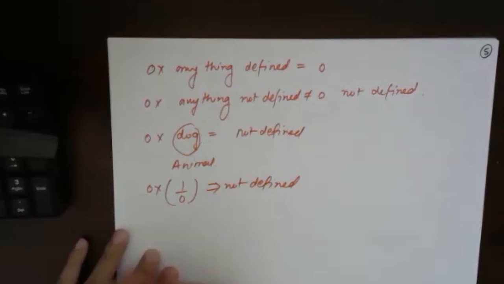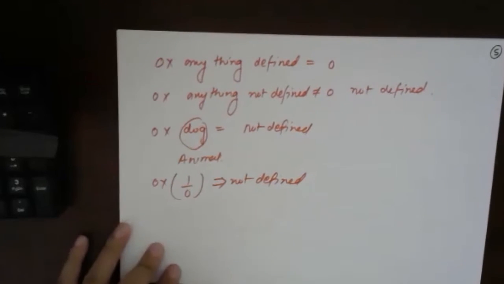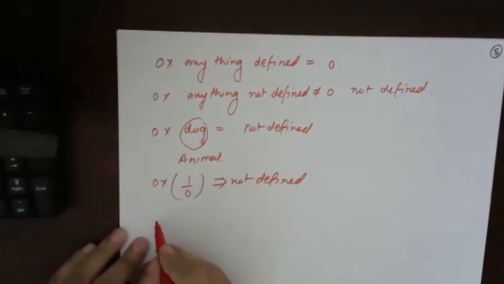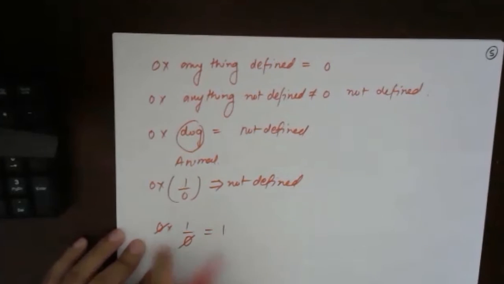Do you want to know why it is not defined? I'll show you. See, if this becomes equal to 0, that means the 0 gets cancelled. 0 into 1 by 0, if this gets cancelled, here it becomes 1.